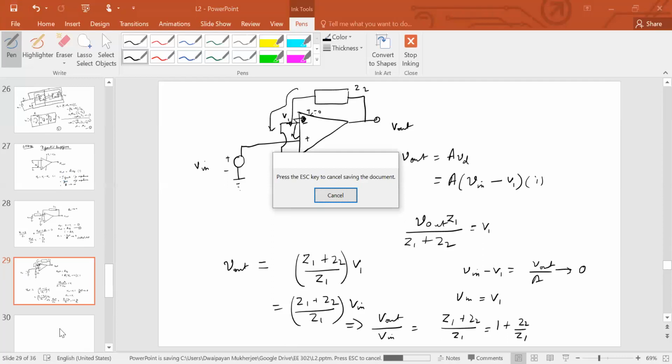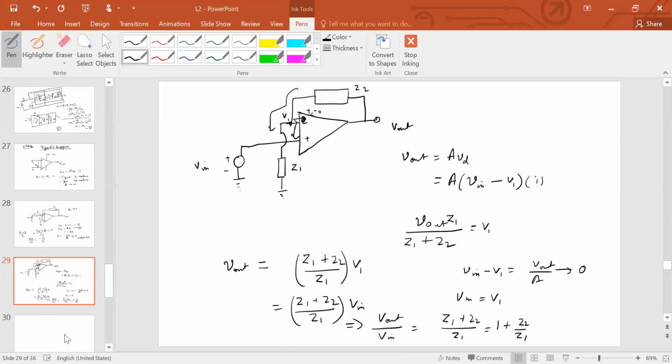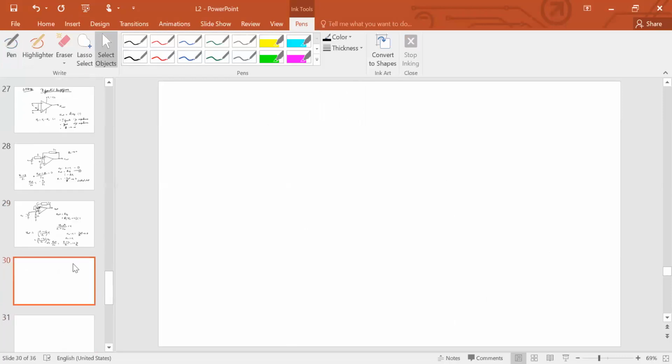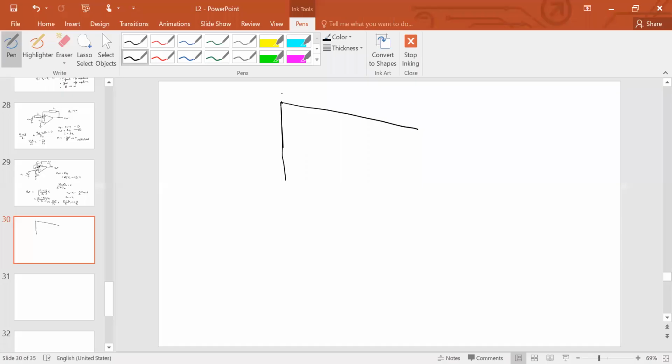Now I will show you the equivalent circuit of a non-ideal op-amp. And then you will see that by bringing in those assumptions one by one, how that whole thing falls into place. So if this is an op-amp, this is an op-amp whose equivalent circuit I'm now drawing.